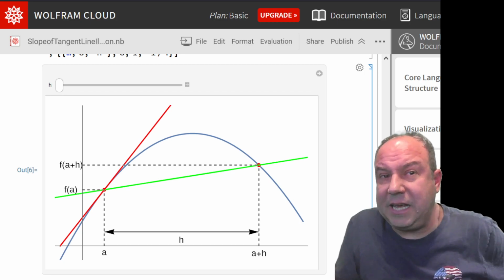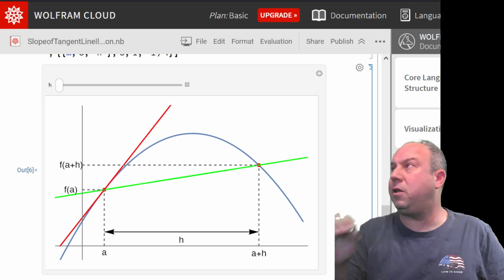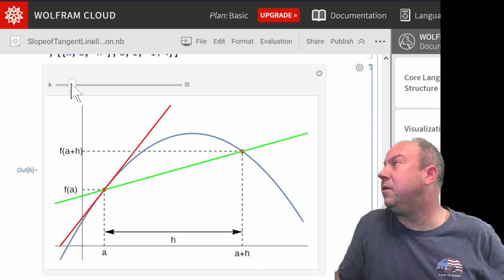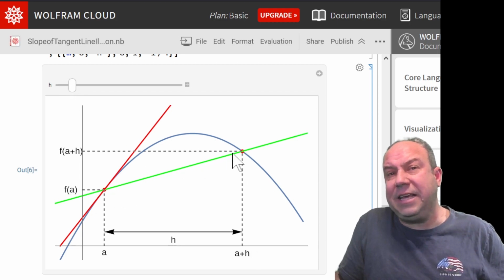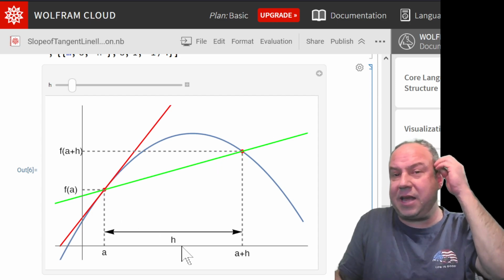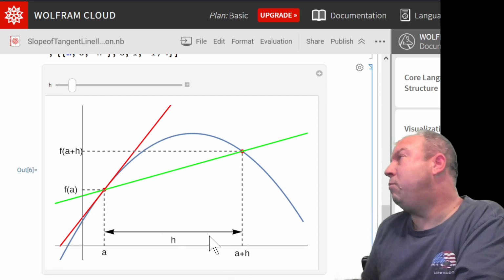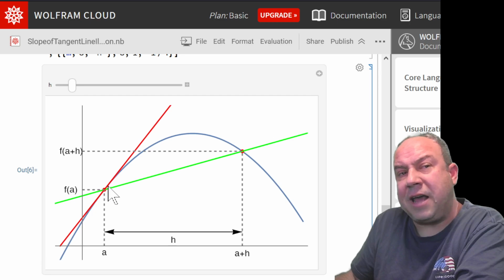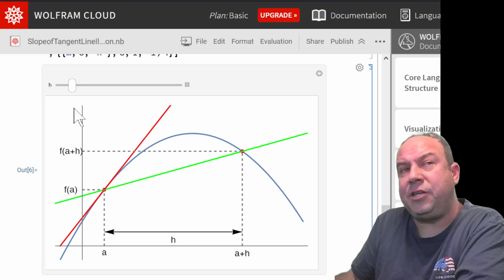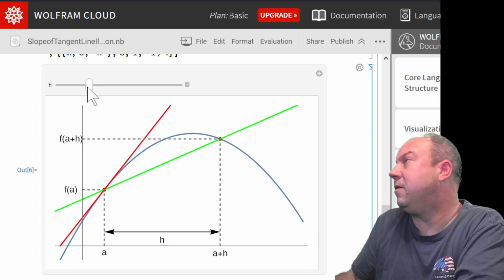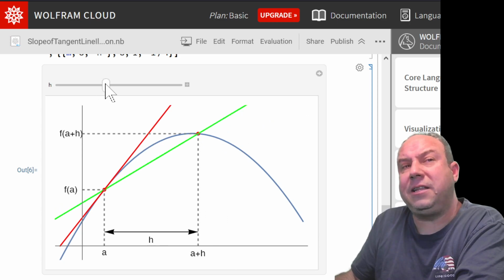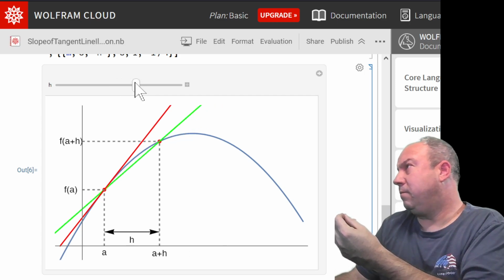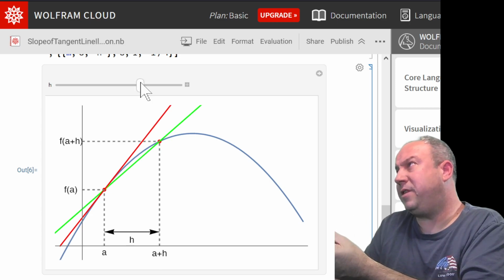And what we're going to see is if I make this h smaller and smaller, which I am able to do with the slider bar here at the top of this demo, we will see that the secant line passing through these two locations at a and a plus h is going to move in towards the graph of the tangent line at this point. You can see as I move the slider, that secant line, the green line, is becoming more and more similar to the tangent line.